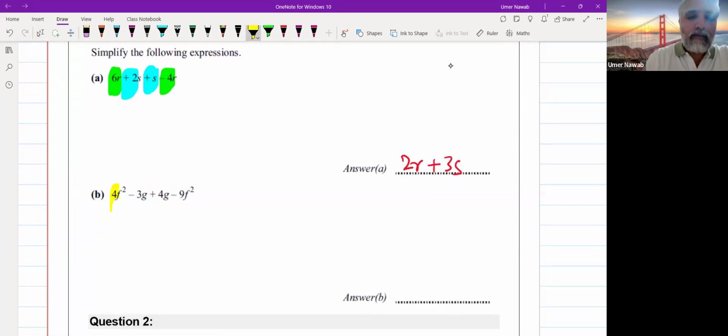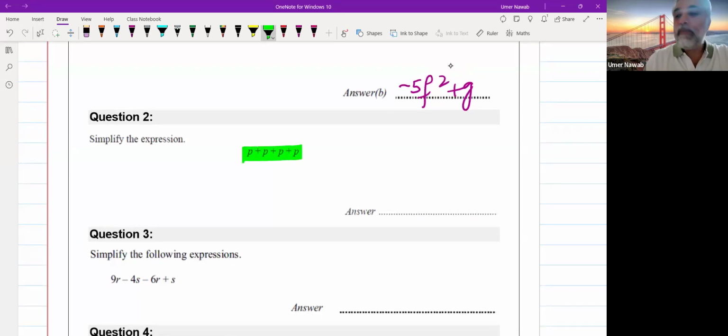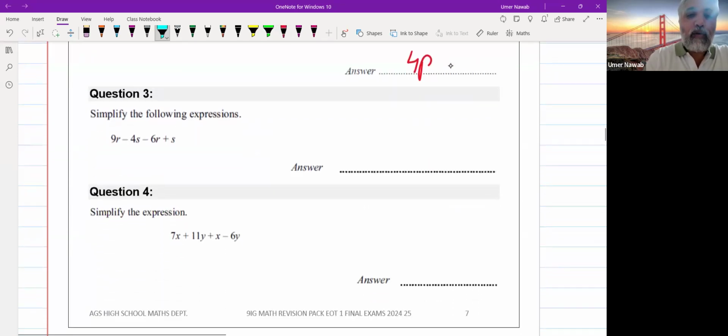After that, 4f squared and minus 9f squared will give you minus 5f squared, and minus 3g plus 4g will give you plus g. All of them are added, p plus p plus p plus p, it will give you 4p. Now 9r and minus 6r is going to give you 3r, and minus 4s plus s will give you minus 3s.